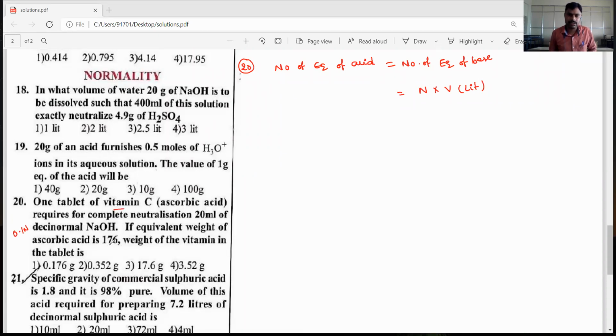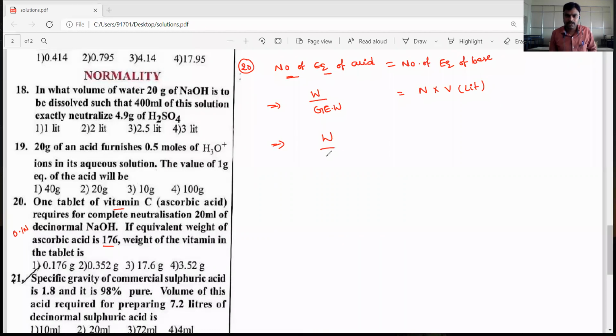As a hint they gave the gram equivalent weight. So for the number of equivalents, we know the formula is nothing but weight by gram equivalent weight. Here we need to use the weight by gram equivalent weight formula, which is equal to normality into volume of base. So we need to find the weight, and the gram equivalent weight they gave.